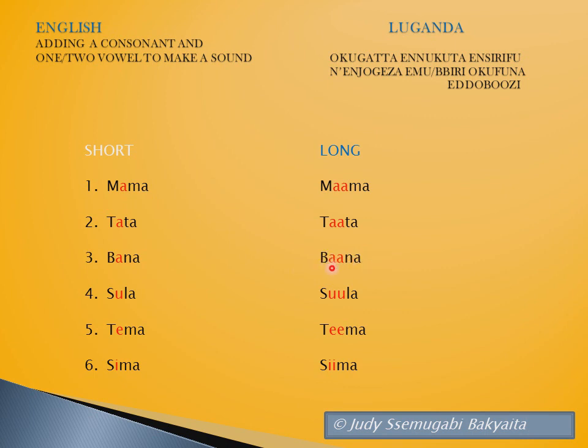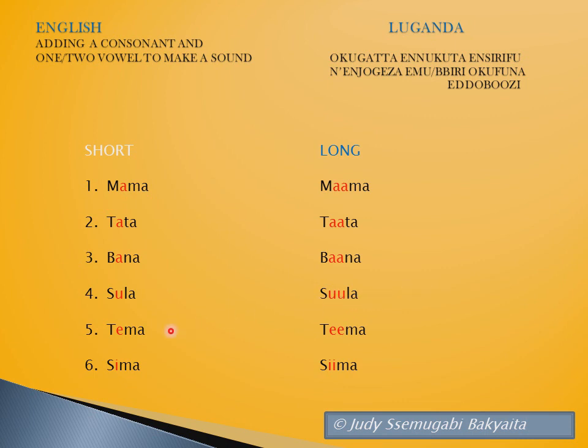So that's how it is. The minute you add in a letter, the meaning changes completely. This sula might be a name, or sula, to sleep over. Then when we add another U, we say suula, to throw.